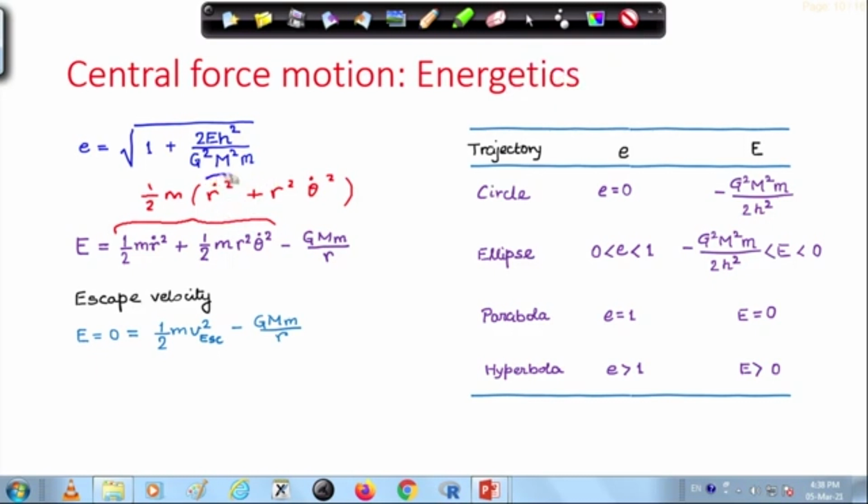This quantity is nothing but v square, the magnitude of velocity squared.